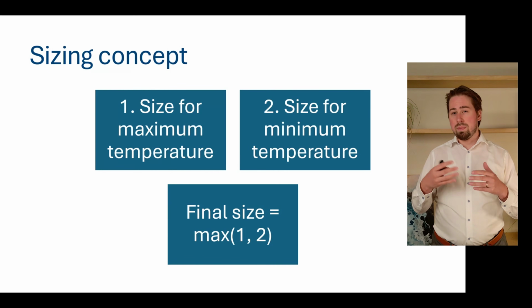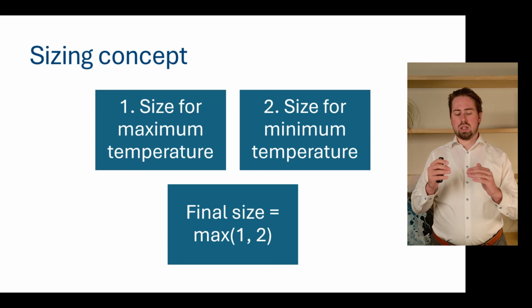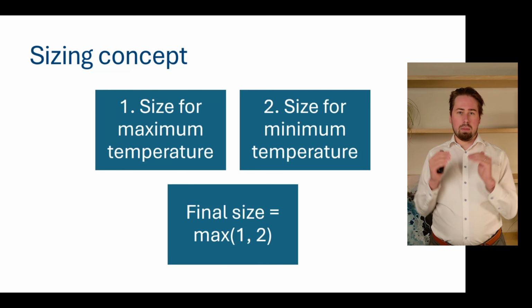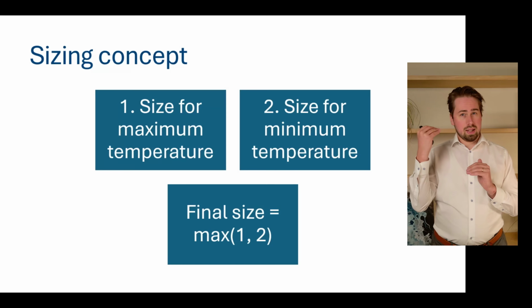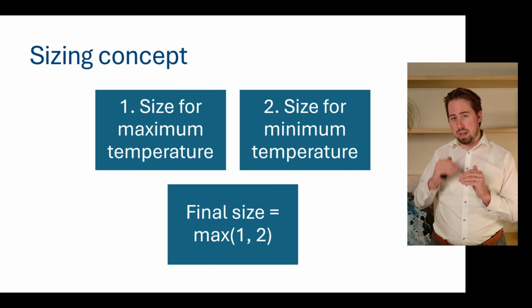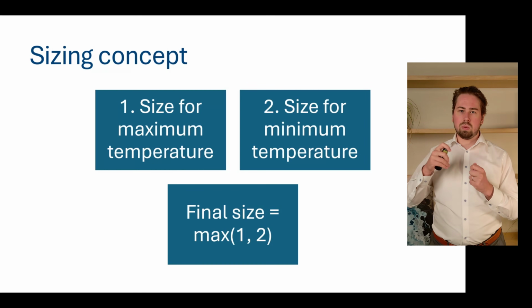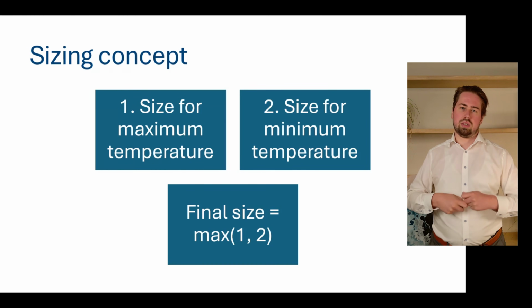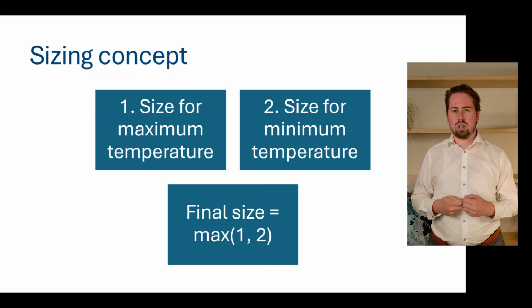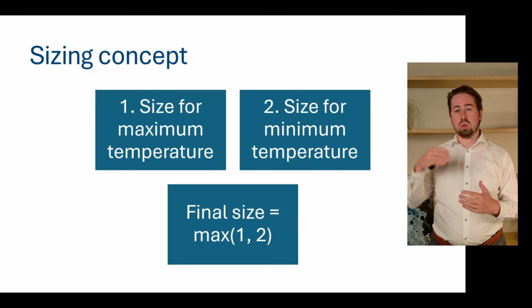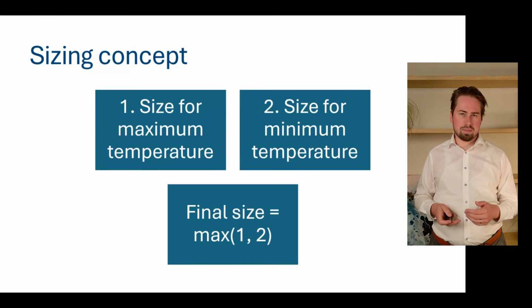Because, as we discussed also in previous chapters and parts, a bore field can be either limited by the maximum temperature limit or by the minimum. So it's important that we check both in order to make sure that our final size is actually working with both the maximum and the minimum limits.